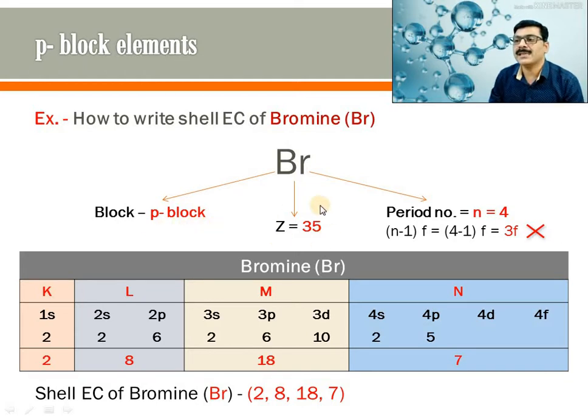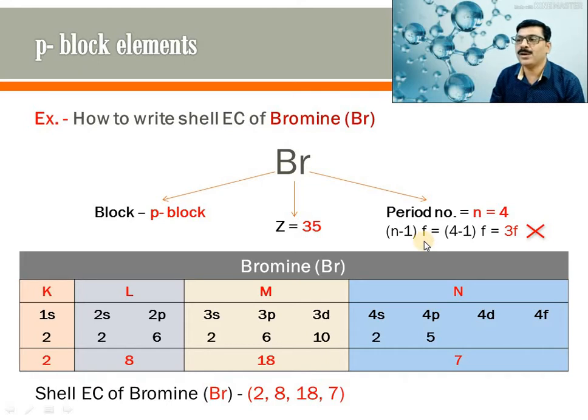Its atomic number is 35 and bromine is present in the 4th period. And for writing the shell electronic configuration of p block elements, you have to remember only one thing, that is the n-1 f orbital you have to ignore.